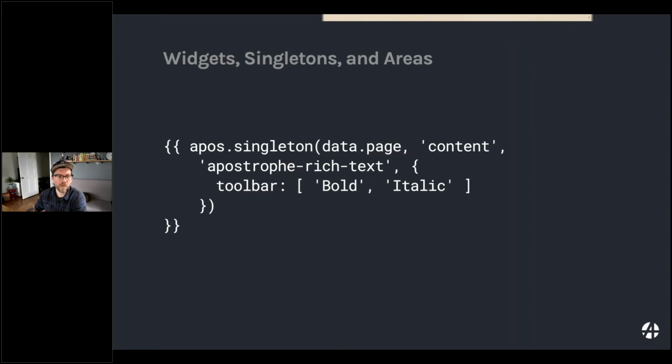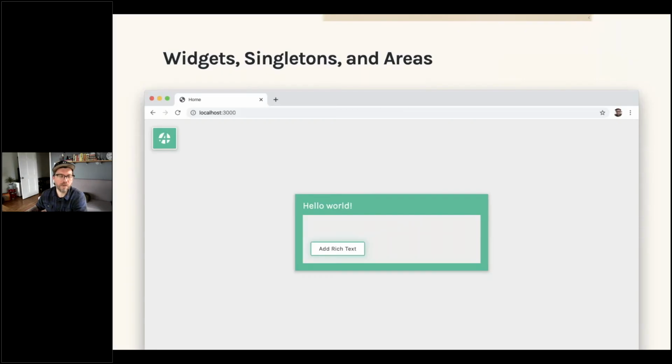So in this case, I'm going to add a rich text editable area with my CKEditor toolbar set to just bold and italic. And if I am logged into my site and I go to edit that field, I should get something that looks very similar to this.